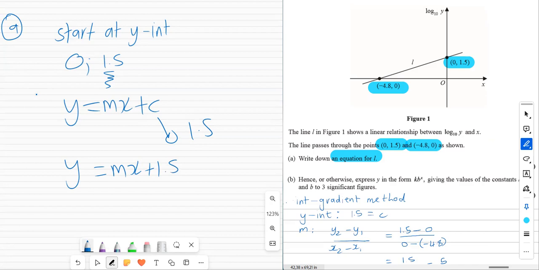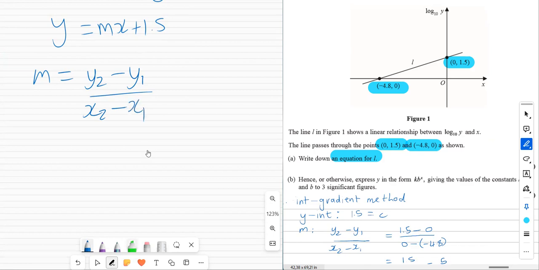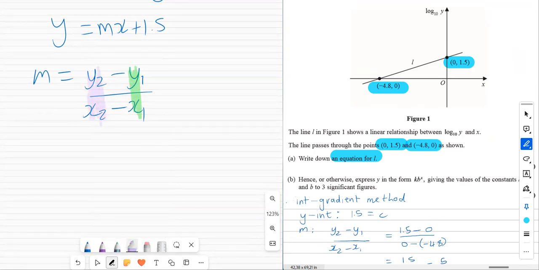Then all we need is the gradient formula to get the gradient. To get m, we use y2 minus y1 over x2 minus x1, where this is one point and this is another point. Order matters: whichever point you start on, you need to start on it again.